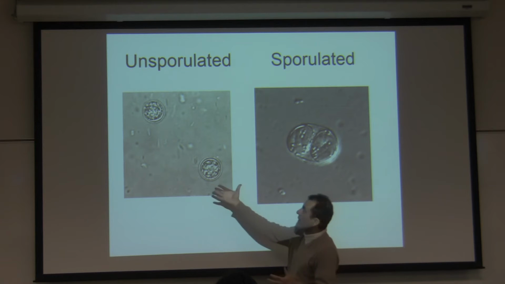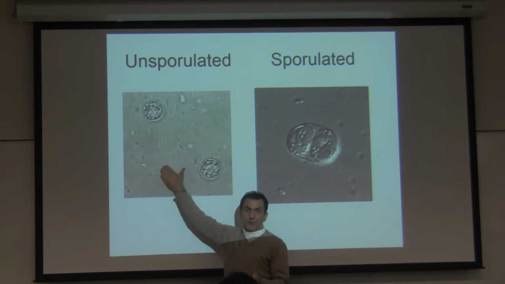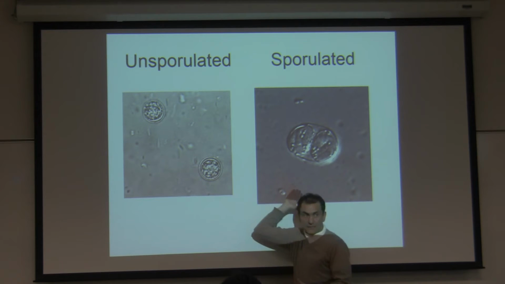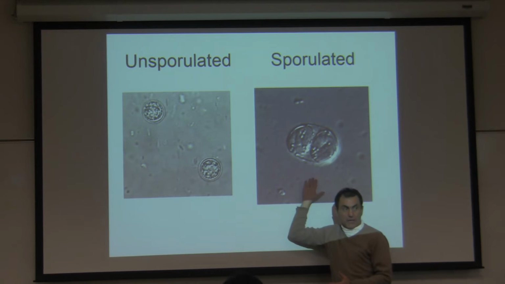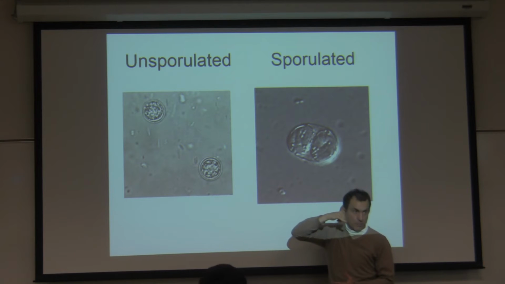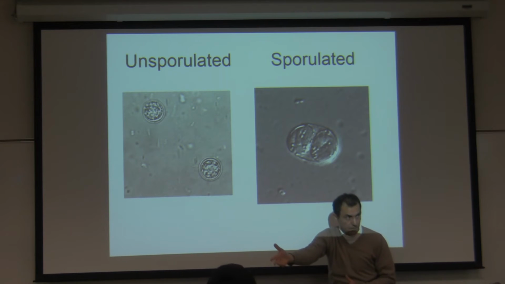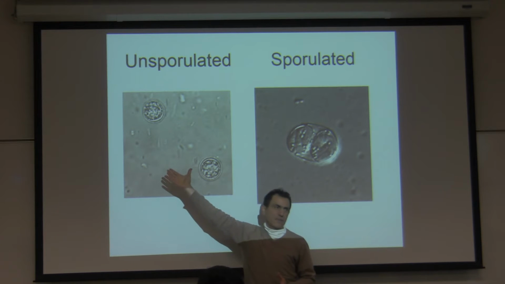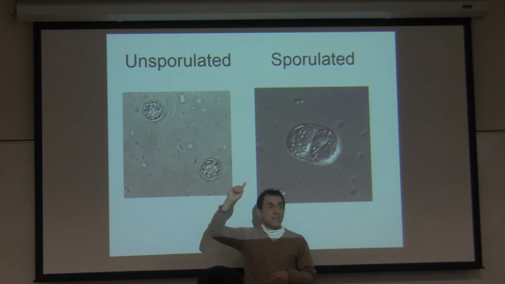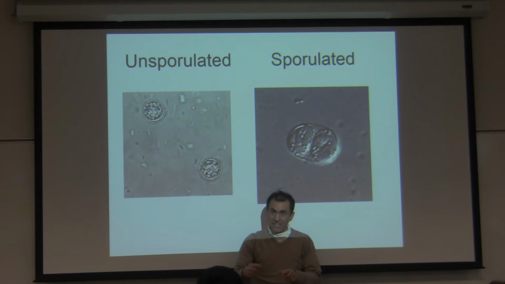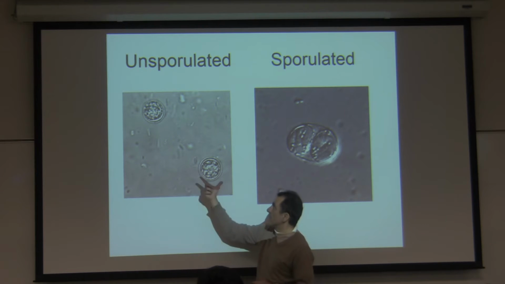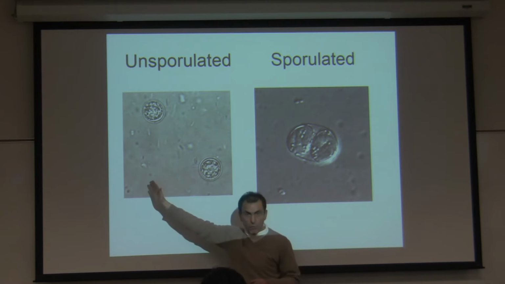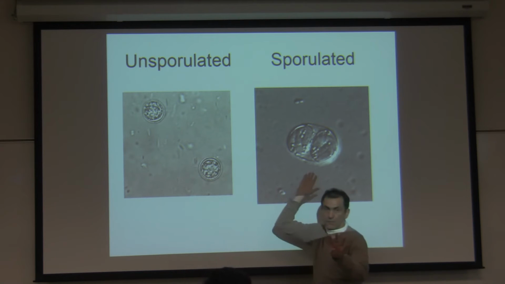It takes about 1 to 4 days for these oocysts to become like this. And when they become like this, Houston, we got a problem, right? They can infect their host. When they are like this, the oocysts do not infect their host. So you got to change the litter box. If you have a cat inside the house, you got to change the litter box in less than 24 hours. It takes about 1 to 4 days to become this.